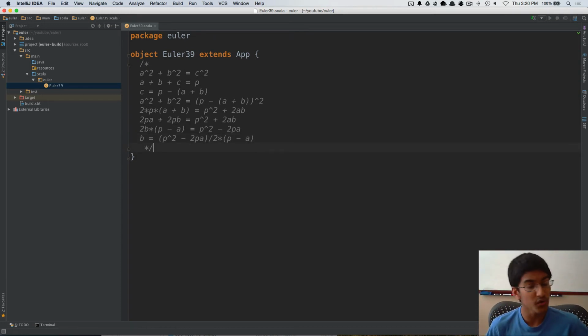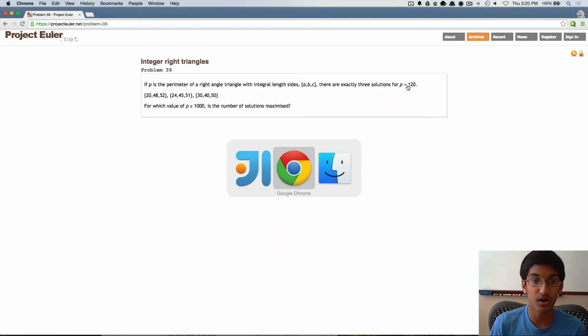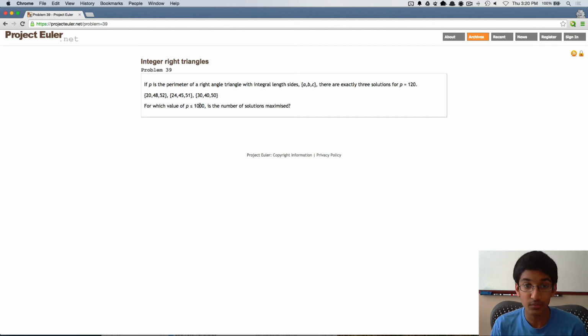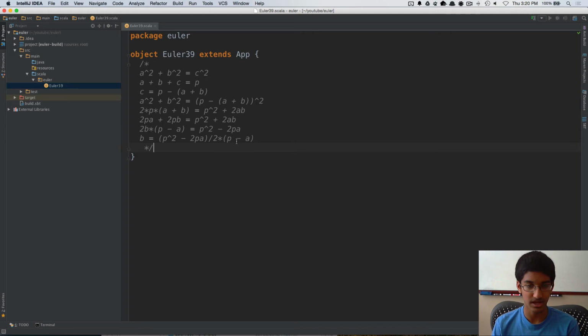So the way we're going to solve this problem is we know our perimeter, we know what possible values for a we might have, and based on those values, we can calculate all possible values of b that are integers, and that gives us the number of possible cases. And then we're just going to iterate over all perimeters and calculate how many cases we have.